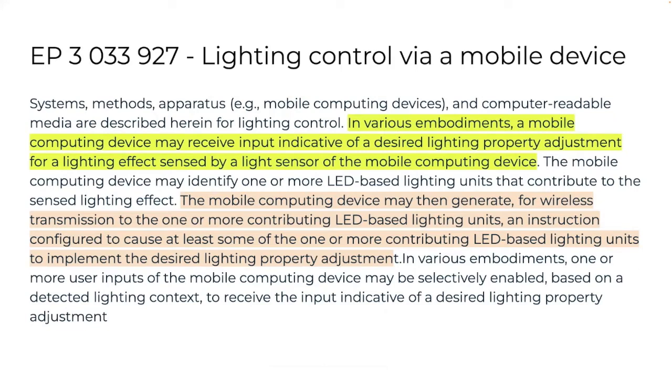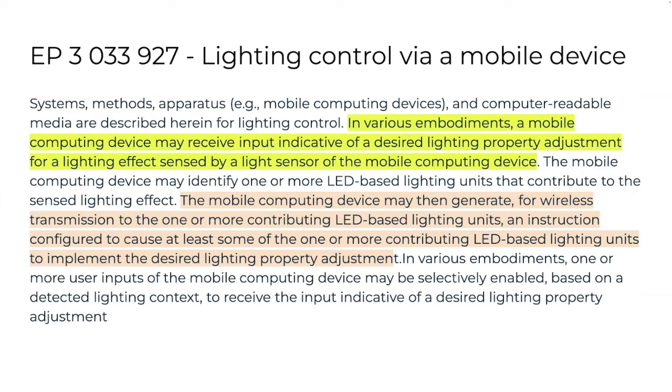So when we were trying to determine what kind of a sales contributor this patent was, we checked the description of this patent application, and we have seen that in various embodiments, there is a mobile computing device which receives input that is indicative of a desired lighting property adjustment.